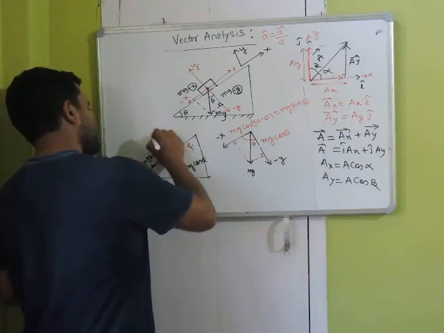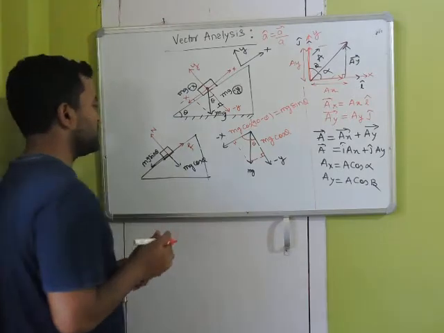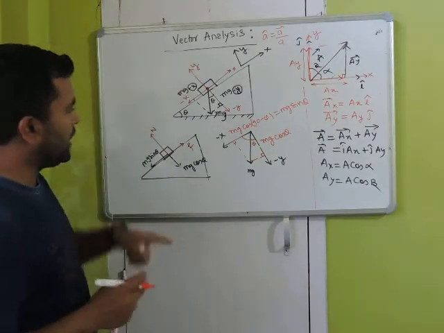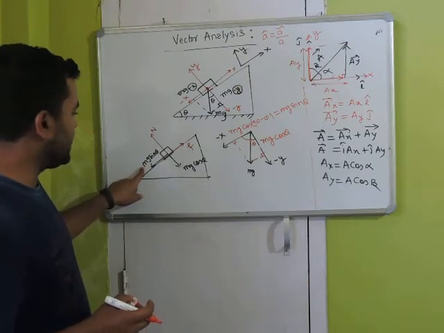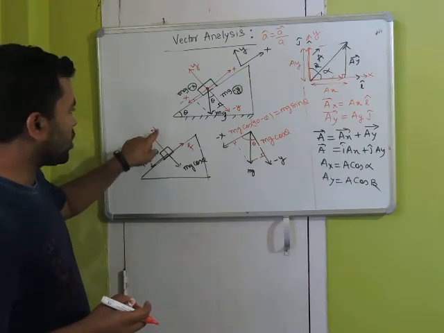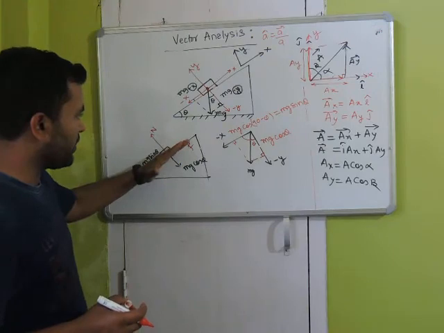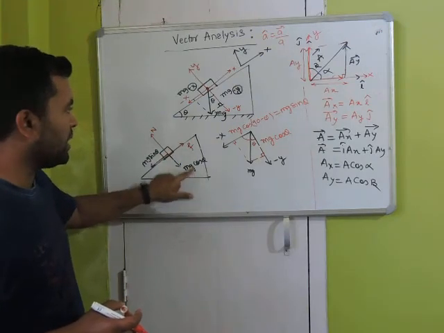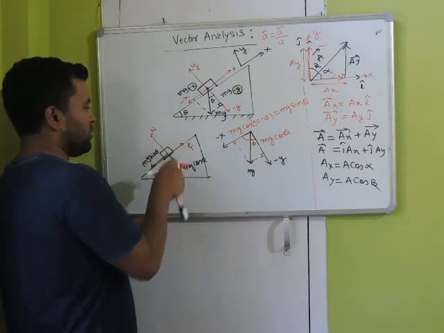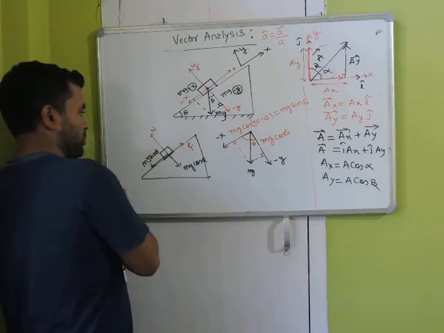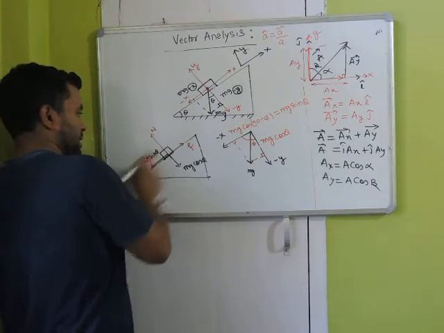This is the contact surface, so this is the contact force. So it is not falling down because friction is balanced by mg sin theta and contact force from the surface is balanced by mg cos theta. If there is no friction, let us say we have a frictionless surface, then what will happen? This will go down. Okay, this will slide down.